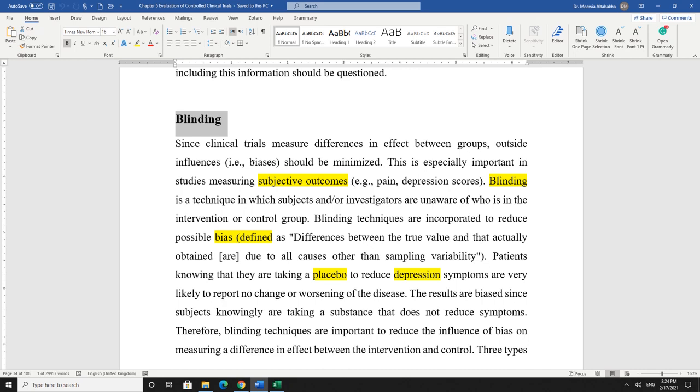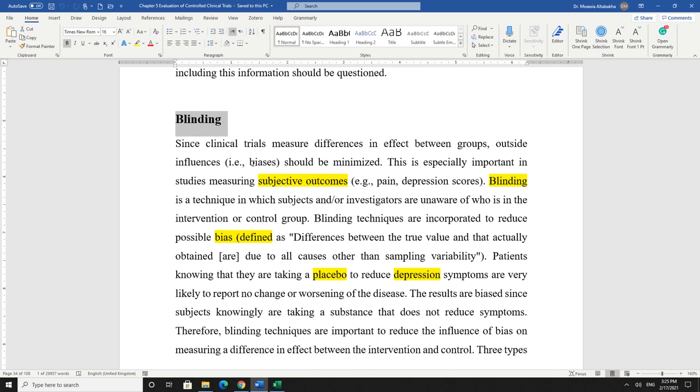And actually they found that when there is no blinding, okay, there is influence on the results, especially subjective results. So what do subjective results mean? Okay, I'll give you an example. If I want to measure cholesterol level, this is not subjective, because you will take blood samples, and after analyzing them, they will tell you what the cholesterol levels are, right?